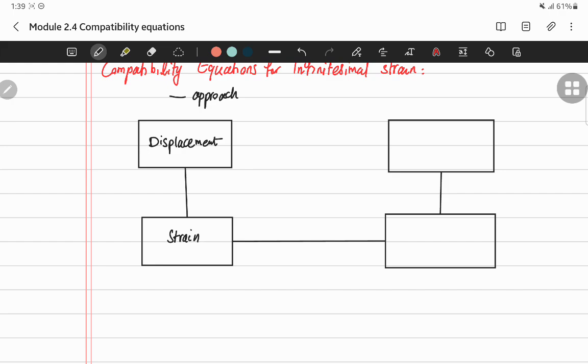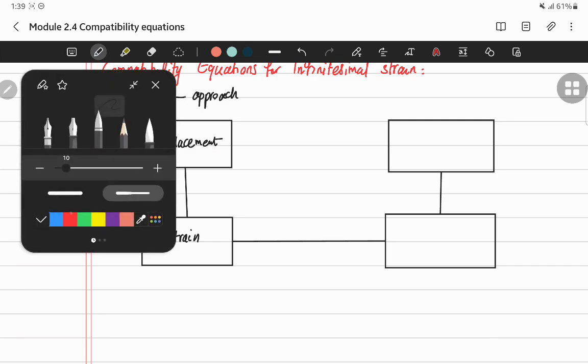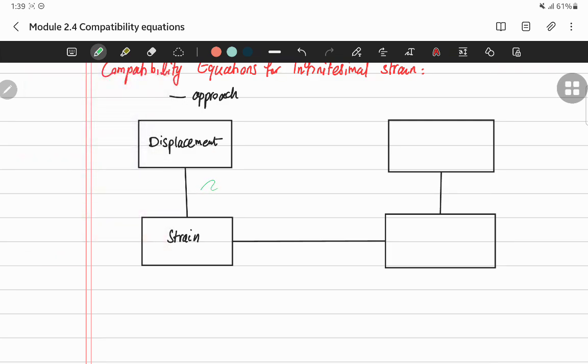This is quite easy because we already drew a connection between the strain and displacement. As I already said, up until now we have discussed both large as well as infinitesimal strains, but we haven't gotten into the detail of large deformation. We will do it in the next modules.